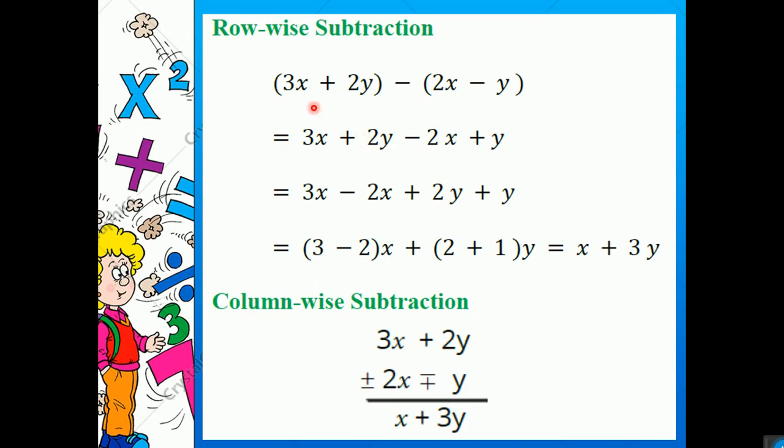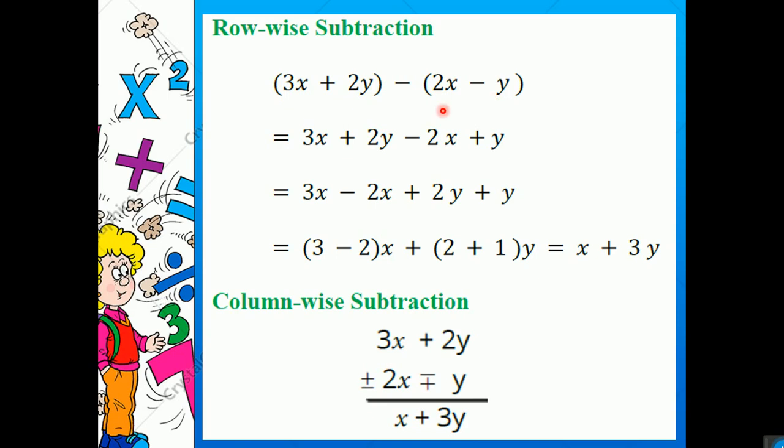Now let's start from the row wise subtraction. Write first algebraic expression, that is 3x plus 2y, and then minus into second algebraic expression, that is 2x minus y.